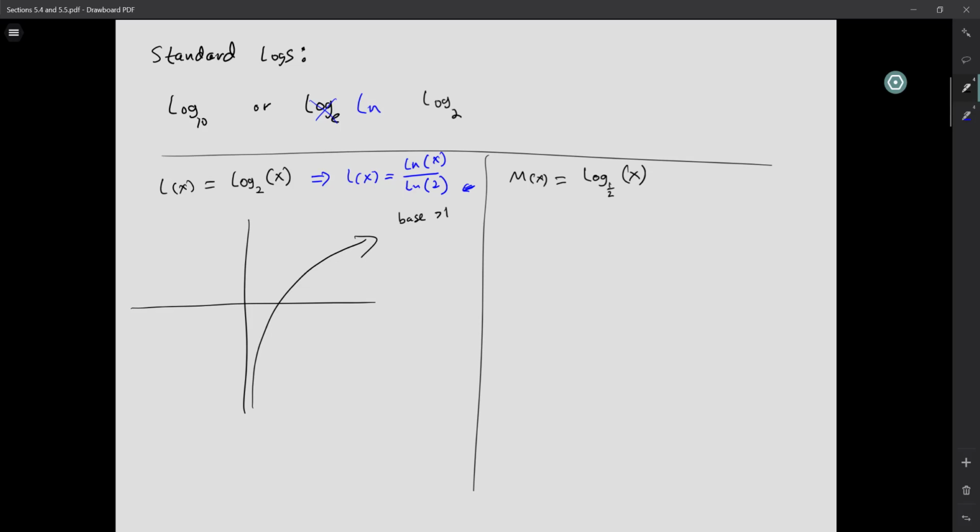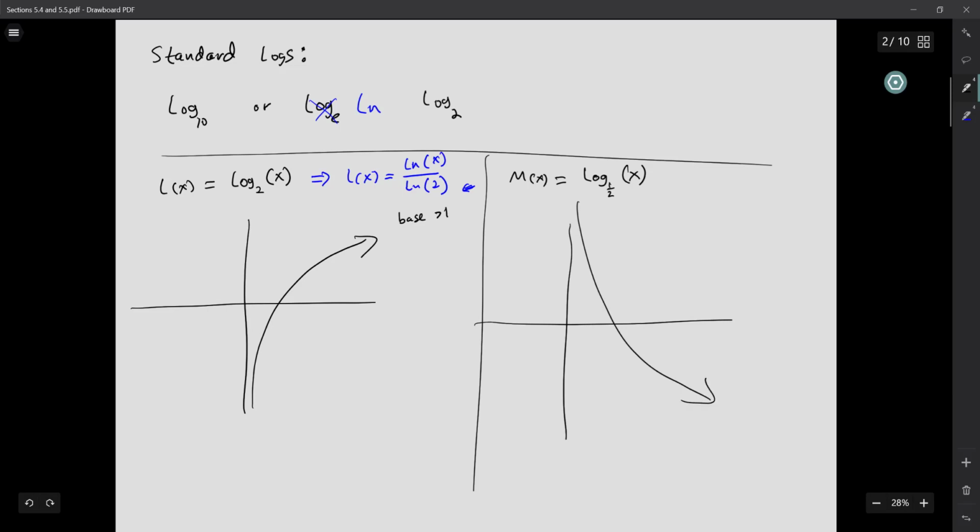I don't know why, but we really like to have large numbers for our logs. So when I have a smaller number here, then what's going to happen instead is my function is going to go down. So let me carefully redraw this.